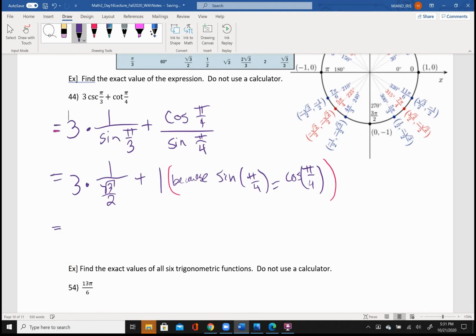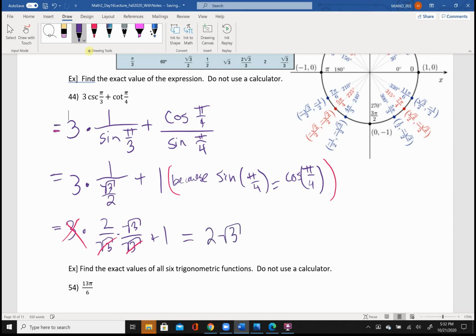So really, I flipped this over: 2 over root 3, but wait, I gotta rationalize the denominator. That'll be a root 3 and another root 3. These 2 root 3's cancel out with this 3 on the outer edge right there, and that'll be a 2 root 3, and then I still have to add 1 to it. So my final answer will be 2 root 3 plus 1.